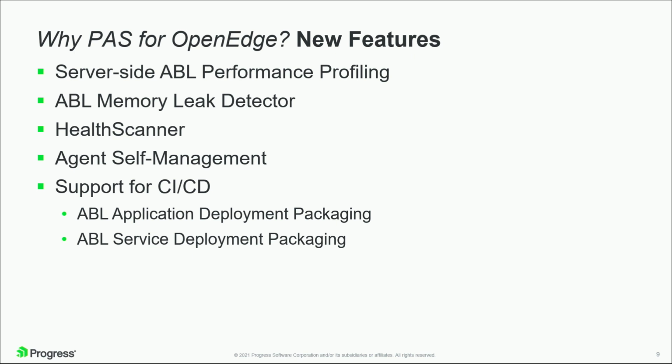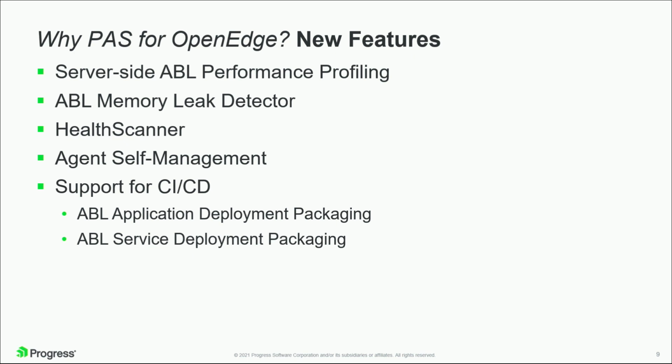We also have the health scanner, and I think Roy mentioned this a little bit. One of the primary uses of the health scanner is to decide whether or not to take a PASOE instance out of service if, for example, you're running in the cloud. But it also provides a wealth of other information.